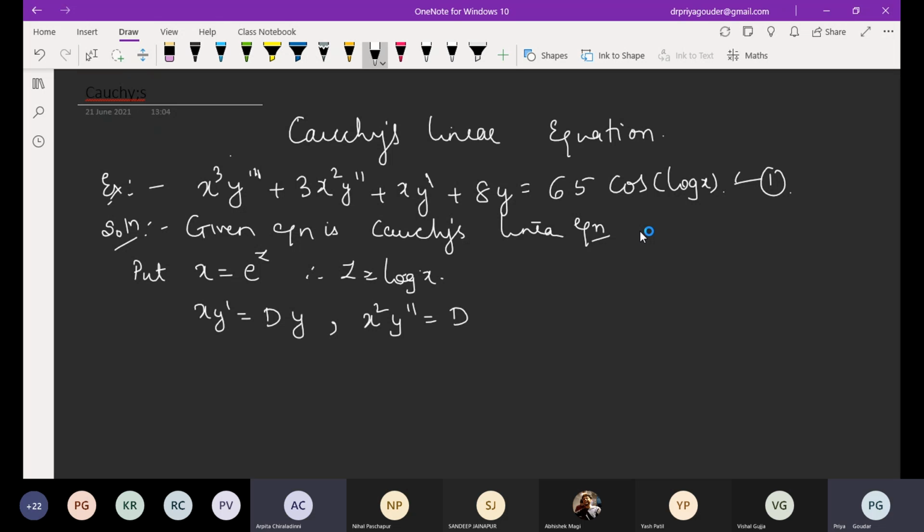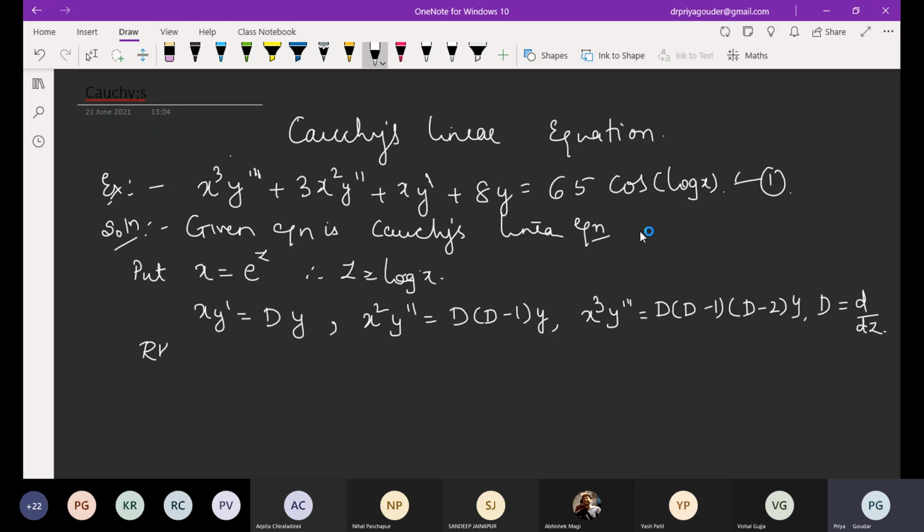D into D minus 1 into y. Then x cube y triple dash is D into D minus 1 into D minus 2 into y. What is D? D is d by dz. Hope you remember the method. Okay, let us substitute.